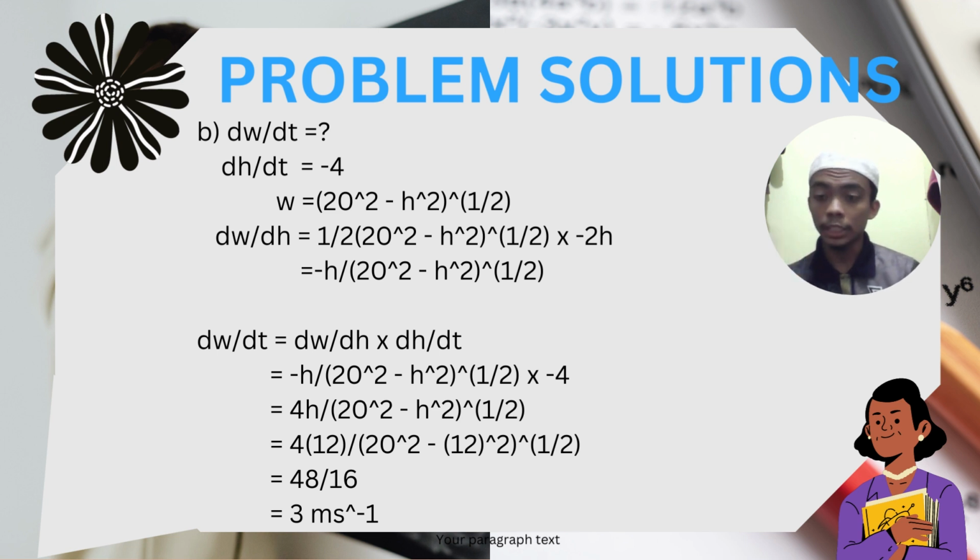Next we write dw over dt is equal to dw over dh times dh over dt.